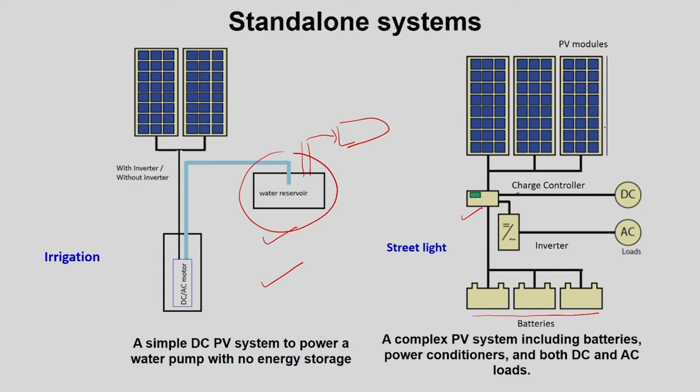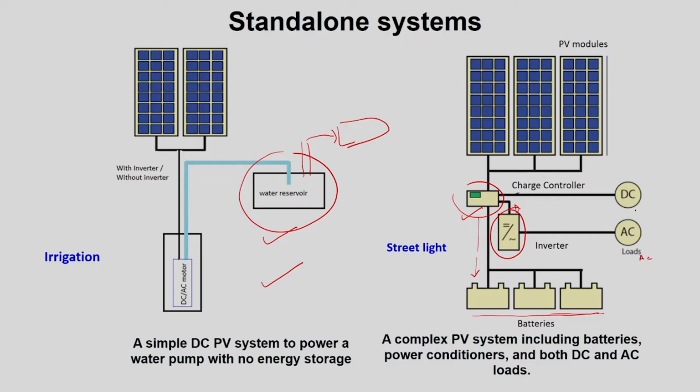In these configurations, many modules are connected and we have a charge controller to protect the batteries from overcharging. There are batteries here. We will study how many batteries are required for a single application, and we need an inverter to convert this DC current to AC current.